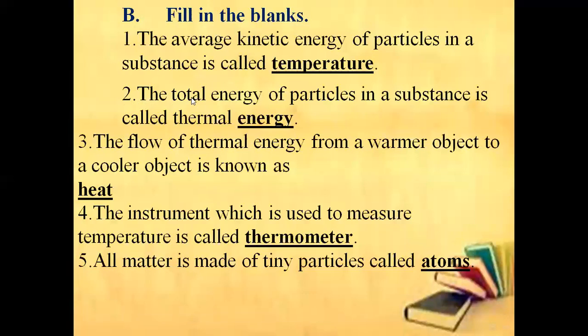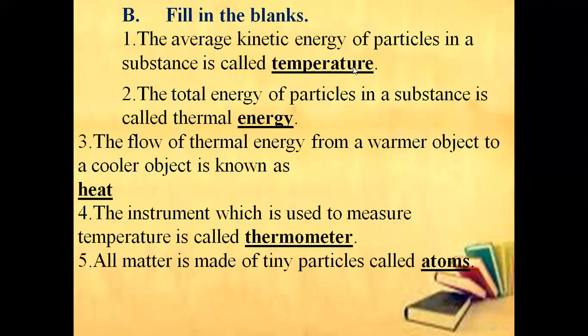Number 2, the total energy of particles in a substance is called thermal energy. You underline this word also, thermal energy. Then number 3, the flow of thermal energy from a warmer object to cooler object is known as heat.